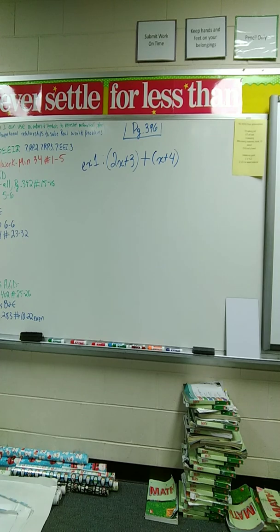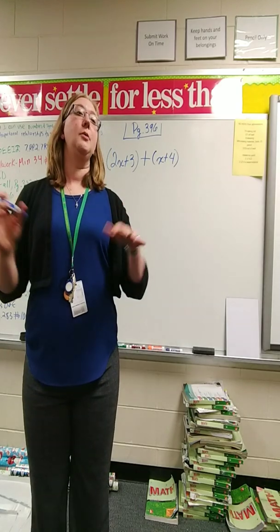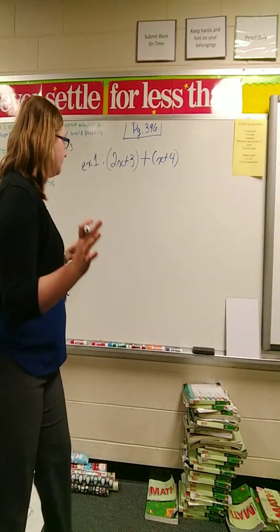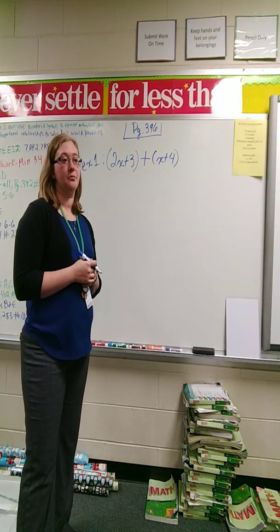When I combine these, because I can, the first thing that I'm going to do, I'm going to use a combination of the associative and the commutative properties to eliminate my parentheses and put my like terms next to each other.